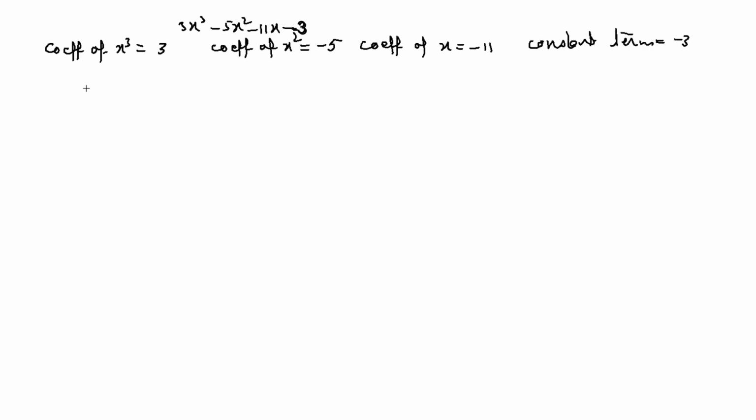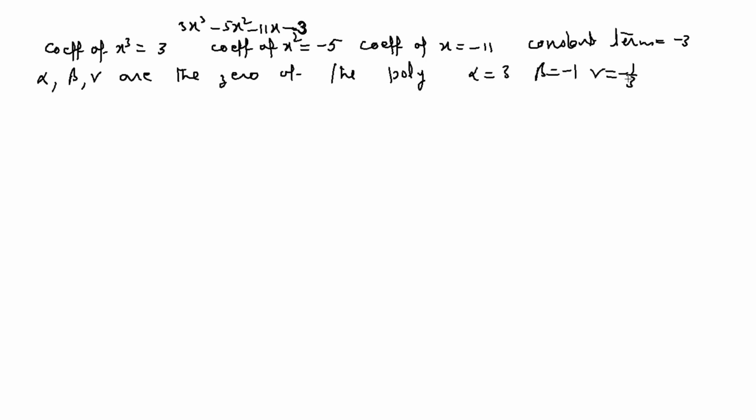So let alpha, beta, gamma be the zeros of the polynomial. So here alpha is equal to 3, beta is equal to minus 1, gamma is equal to minus 1 by 3. So write alpha plus beta plus gamma, which is equal to 3 minus 1 minus 1 by 3, is equal to 2 minus 1 by 3. Take 3 as the LCM. So 6 minus 1 is in the numerator.